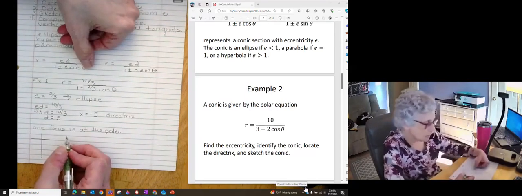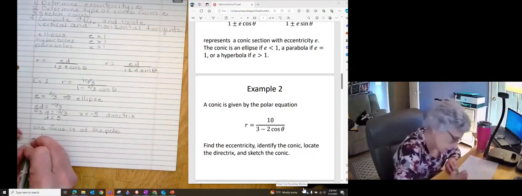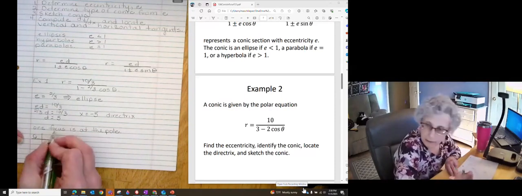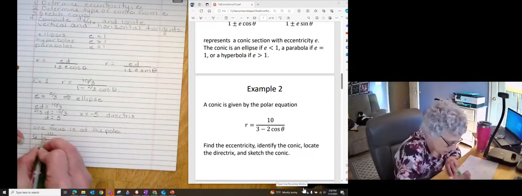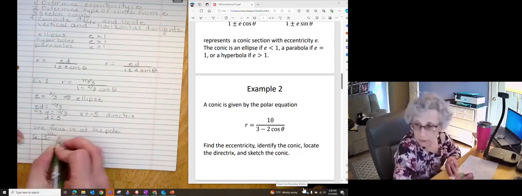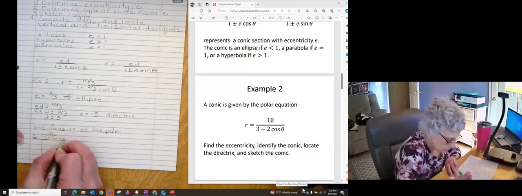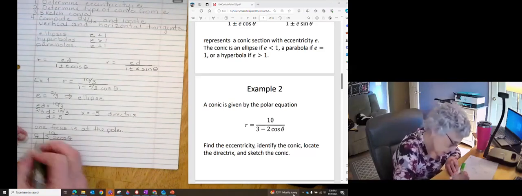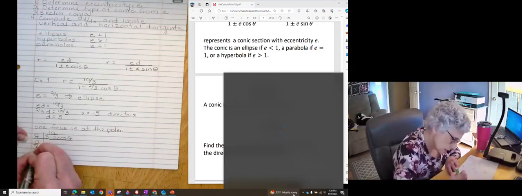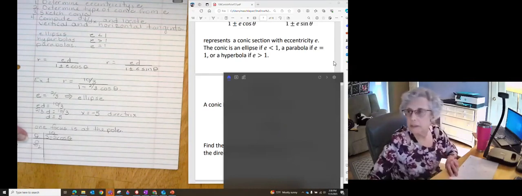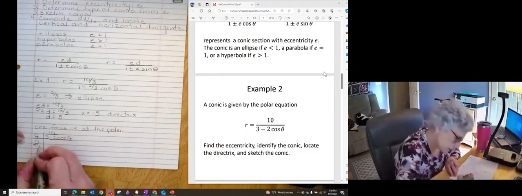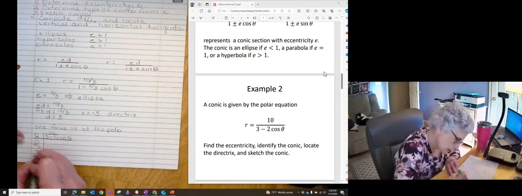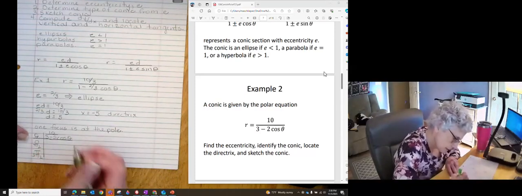And I usually go back to the original function, so theta, and I go back to 10 over 3 minus 2 cosine theta when I'm plugging stuff in, just because it's a little easier for me to plug things in there. 0, pi halves, pi, 3 pi halves.